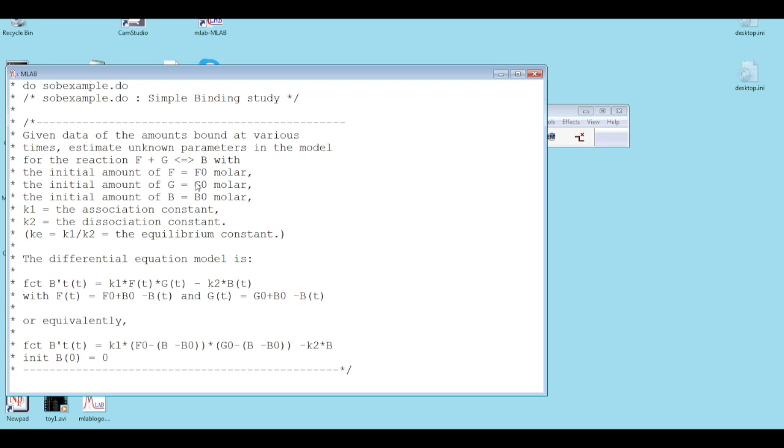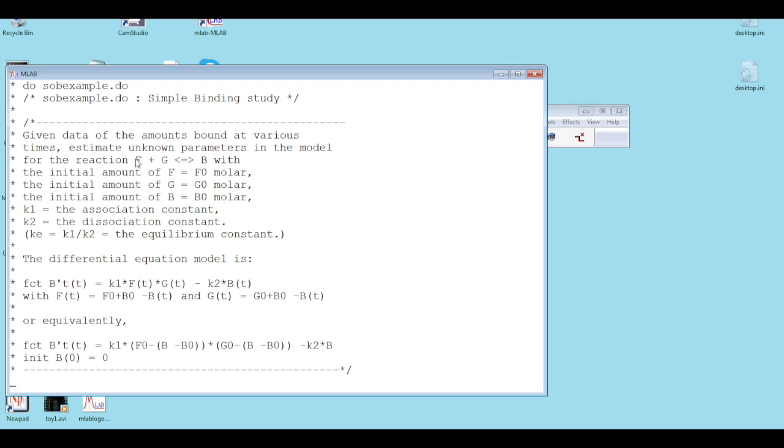That's how much we mix together, F0 and G0. And we also have B0 molar units of the B material. Now, in fact, we're going to take B0 equal to 0. We're going to mix F with G and not have any B when we start. But we could have some B when we start. It would be perfectly modelable.